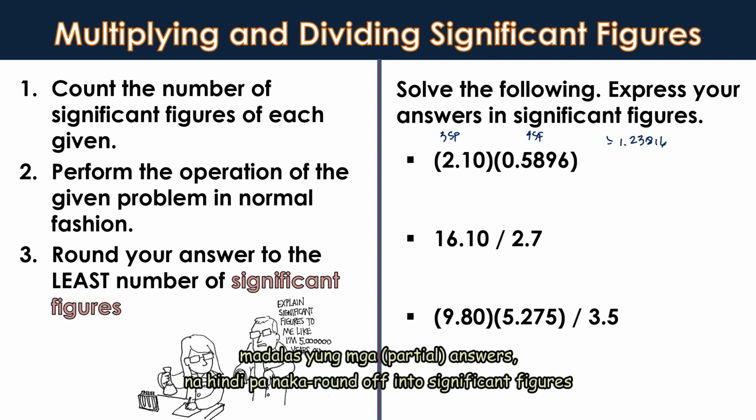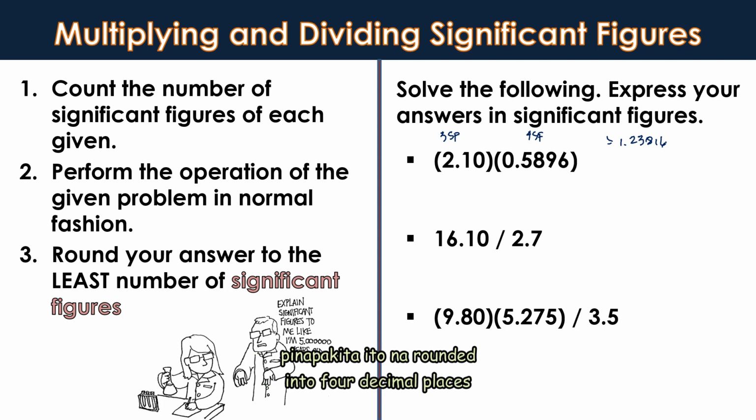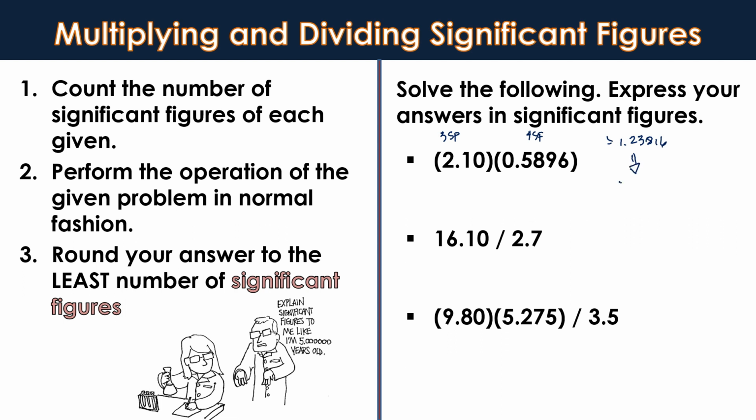Madalas yung mga answer na hindi pa naka-round off into significant figures, pinapakita na lang into 4 decimal places. So in this case, 1.23816 ang lumabas sa calculator, ipakita ninyo as, let us say, a raw answer of 1.2382. Okay, so rounded into 4 decimal place.